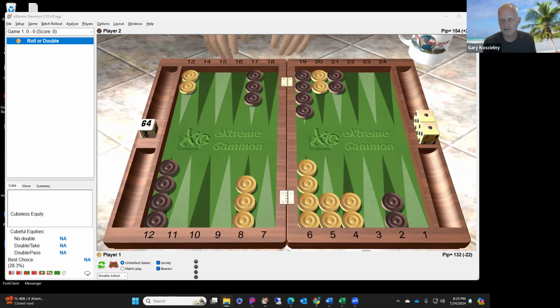He doesn't have blitz. He can't blitz. White has the 5-point anchor. But he does have contact. Yes, he's got the anchor. Now it's a 2-point anchor, which is not exactly the best anchor, but it's something. So what would you think this is?